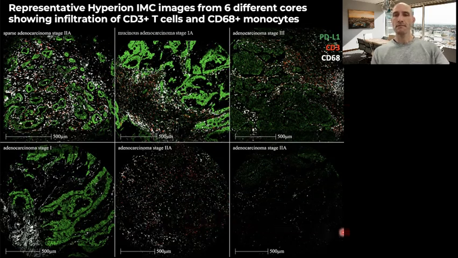For example, is the location important here? I mean, is the location of T cells or the location of macrophages important? What cells are close to the tumor? And is this spatial information related to the clinical outcome?